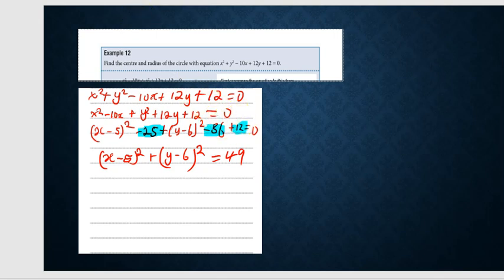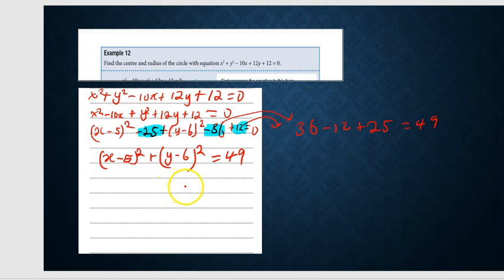When we take them to the other side, if we take 12 to this side, it becomes negative 12. And we have negative 36 becoming positive 36 minus 12, and then negative 25 becoming positive 25, so this becomes 49. Correct. So this is the next step, trying to arrange into the correct form.